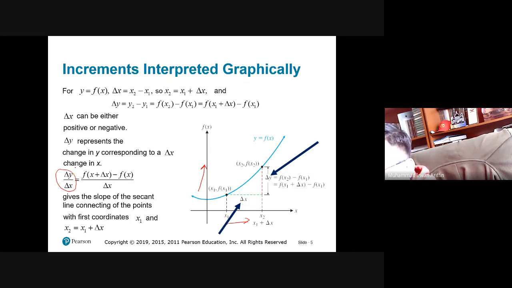And this actually gives us the slope of the secant line. If we were to draw a straight line that connects these 2 points and take delta y divided by delta x, it will give us the slope of this red line, the slope of the secant line, the straight line that connects these 2 points.